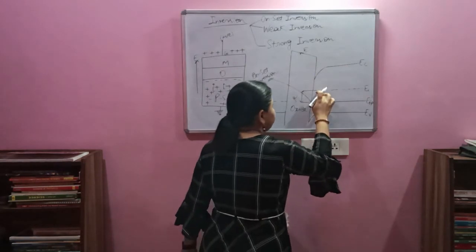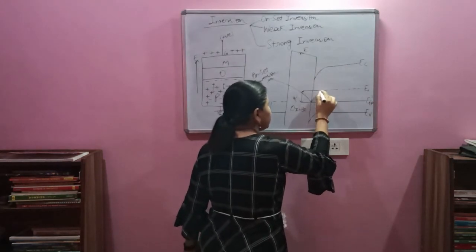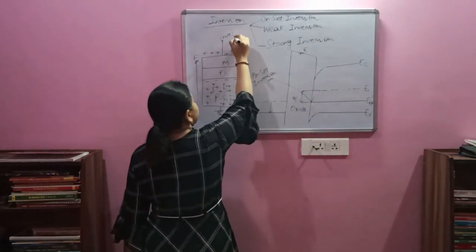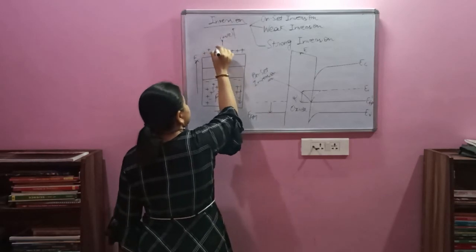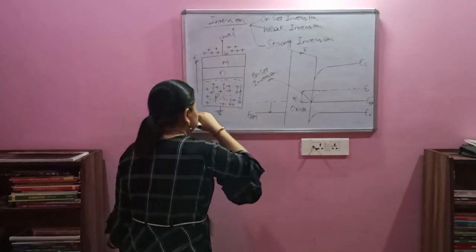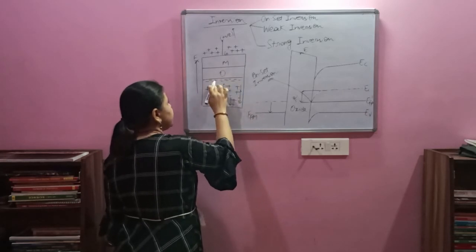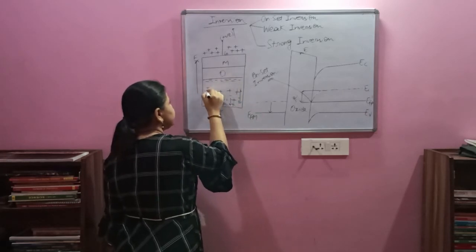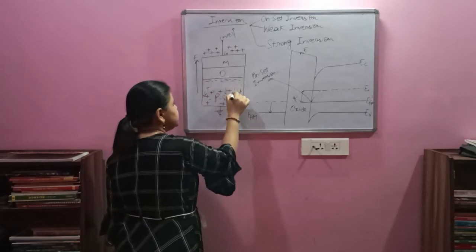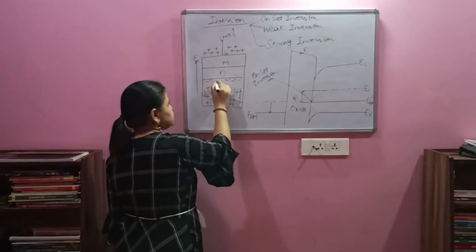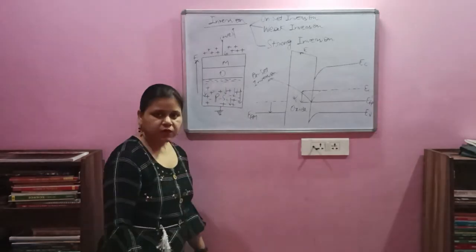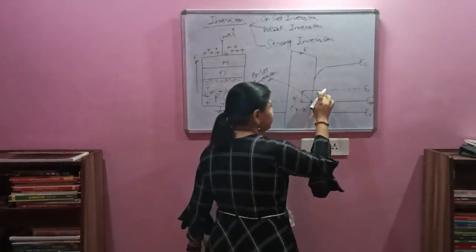And now further, we will increase this voltage by a bit. More electrons will be accumulated over here and more holes will be pushed into the deeper bulk region. Okay, so then what will happen?